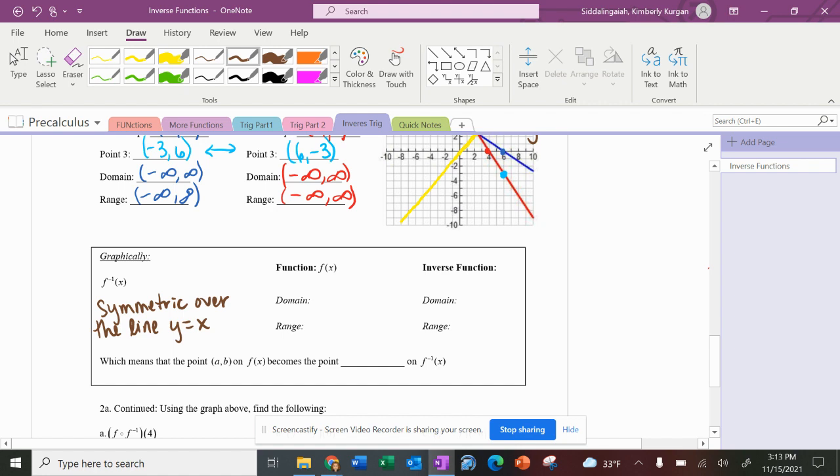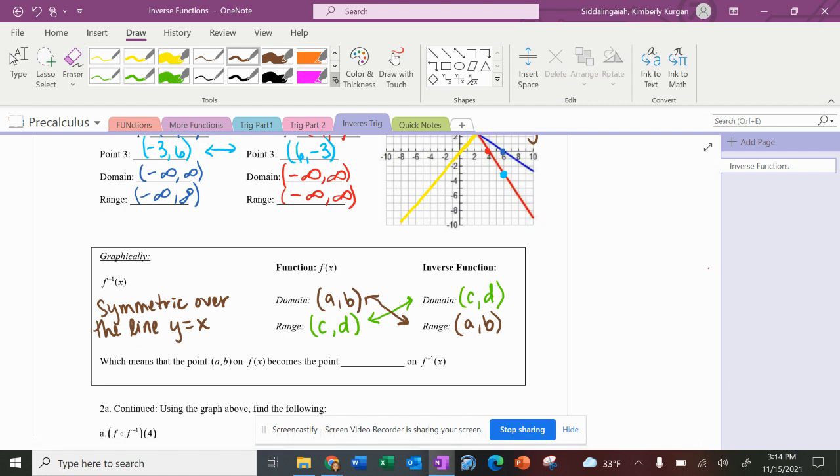If the function has a domain a comma b, where a and b are numbers, so like maybe it's -2 to 6, or -10 to 10, then that's going to be the range on the inverse function. And likewise, if this range is c comma d, so maybe it's 3 comma 10, that would actually be the domain for the inverse. So again, we kind of get this x and y swapping, which is kind of interesting.